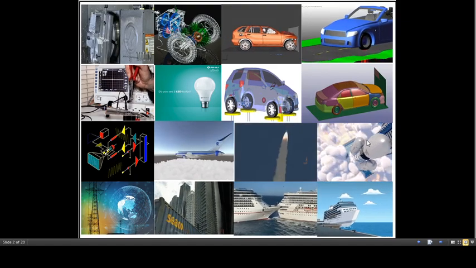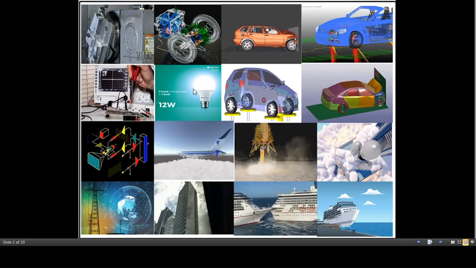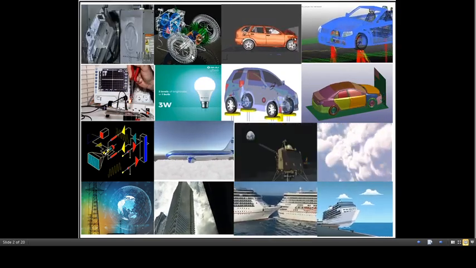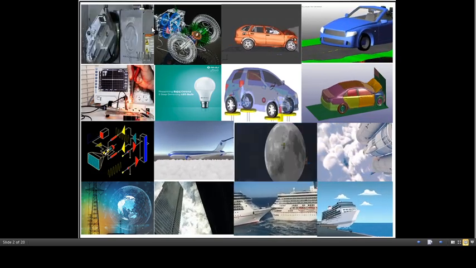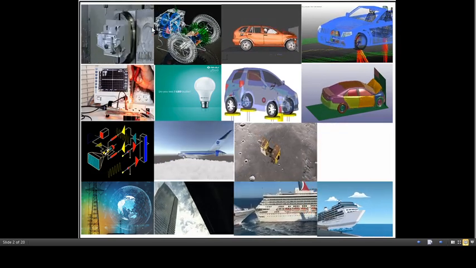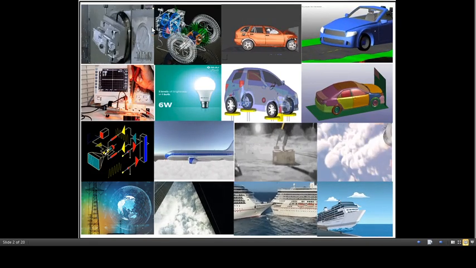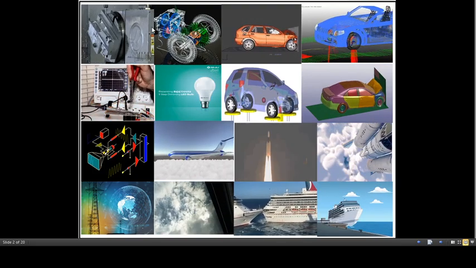So here is the world of engineering. Enjoy the simulated models of various sectors in front of you. We are not going in depth of any branch right now.